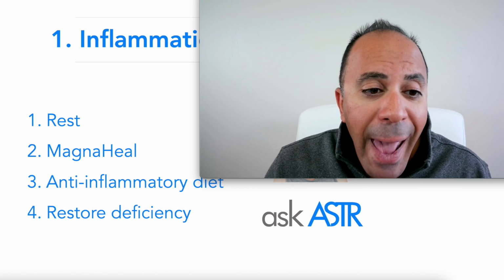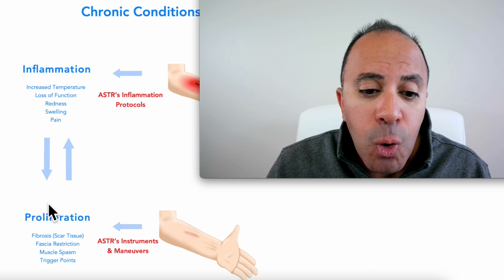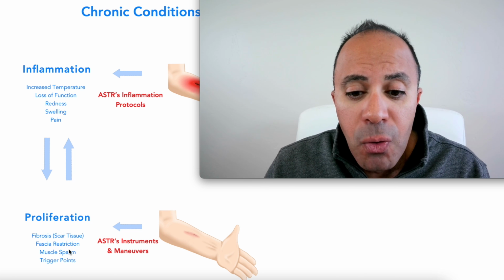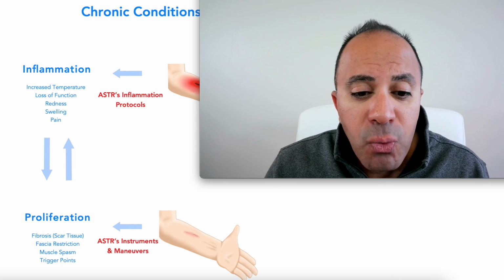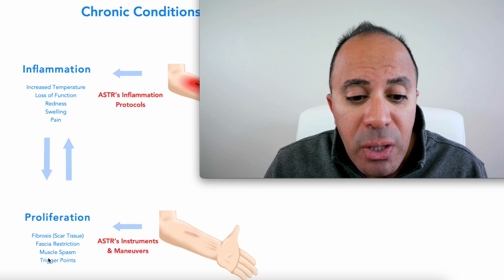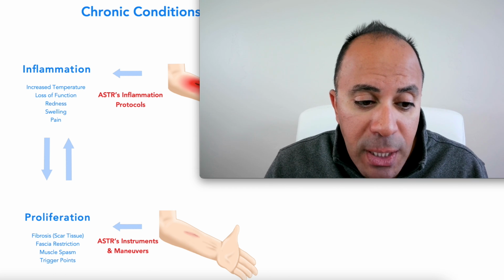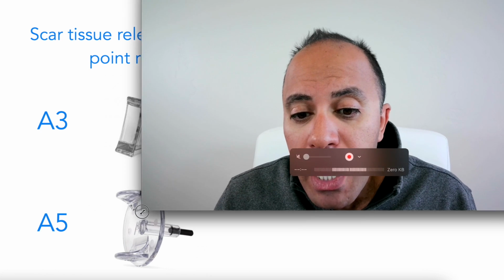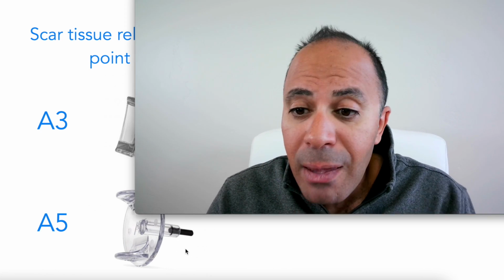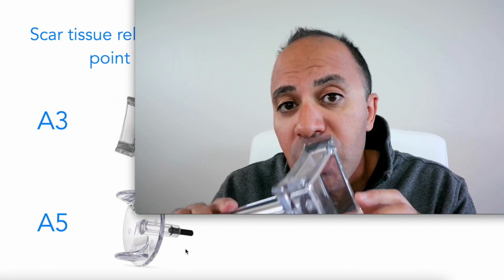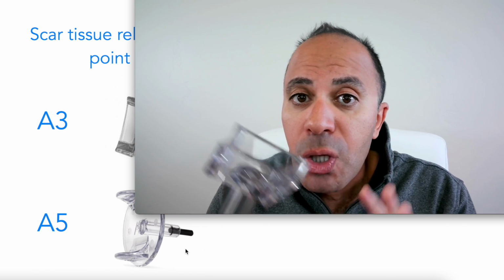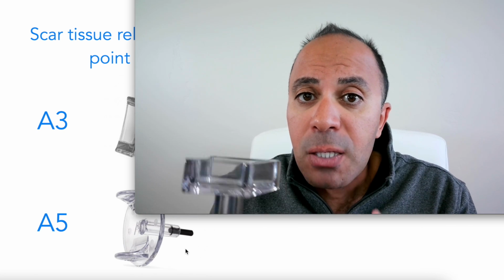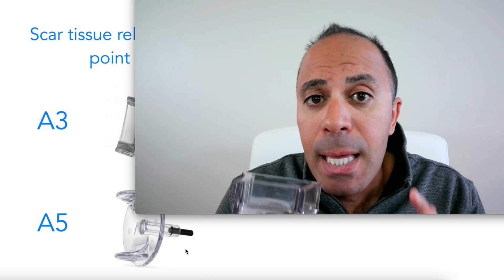The other thing we have to address simultaneously is the proliferation stage. For the proliferation stage, we have to work on the scar tissue, fascia restriction, muscle spasm, and trigger points. What I do is use the A3 to break up superficial scar tissue. As I mentioned, there's always muscle tightness and muscular imbalance in the knee.